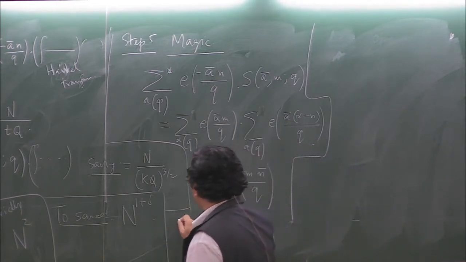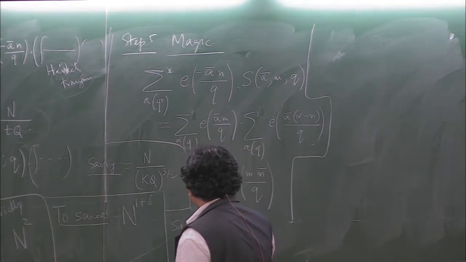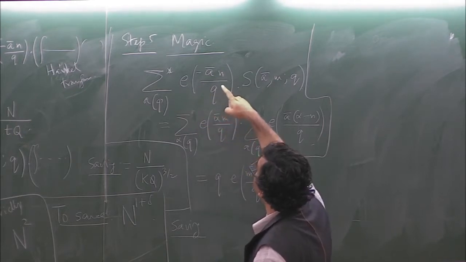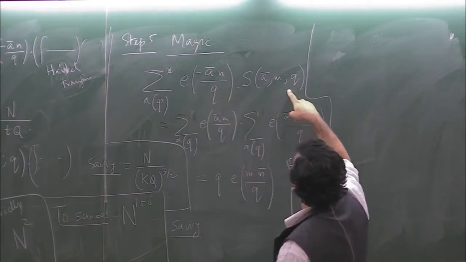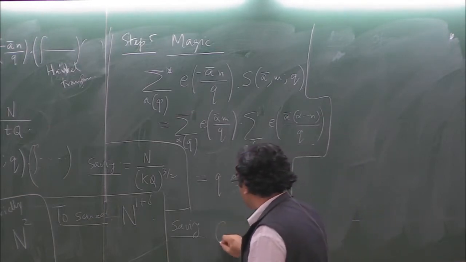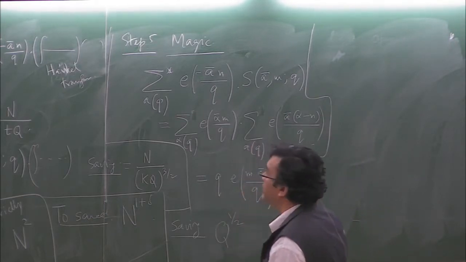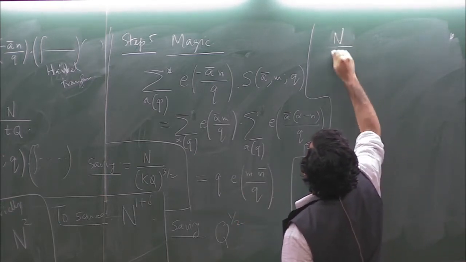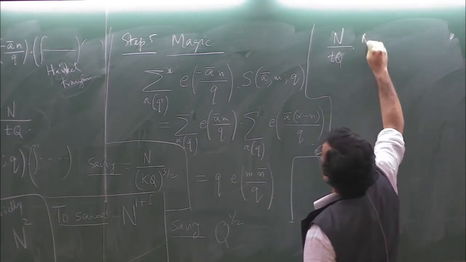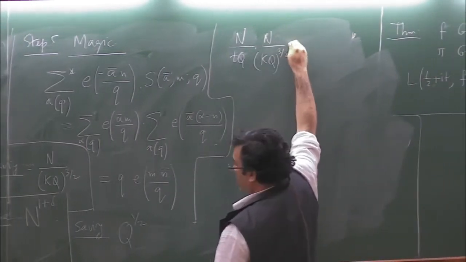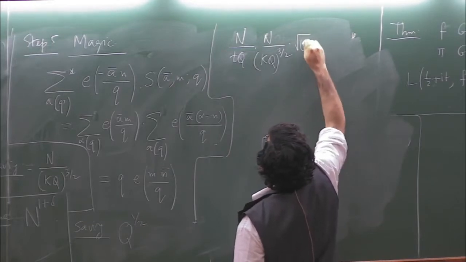So the saving here: if you evaluate this trivially, this was q times square root of q, so q to the power 3 by 2. It's q over here, so you have saved q to the power 1/2. Right? So if we put them together, we have saved n by tq and n by kq to the power 3 by 2 and square root of q.